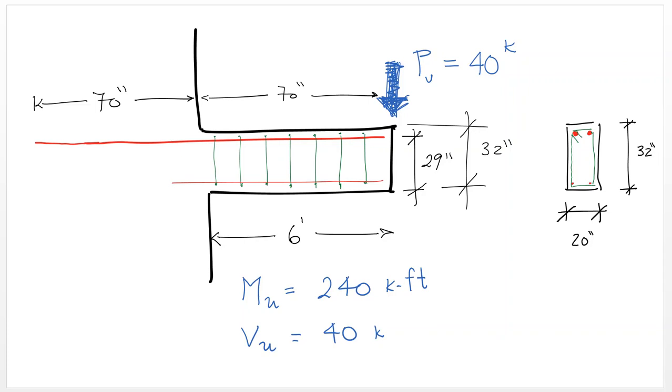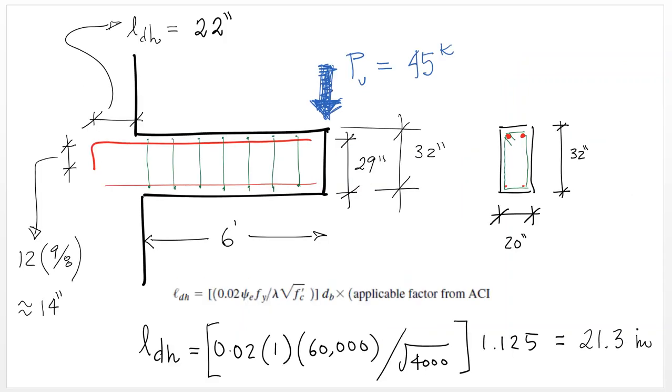Now suppose you don't have 70 inches inside of the wall, so you could use a hook. In this case we can use the development length for a hook as shown here. If we put in the various values for the various coefficients, we get a development length of 21.3 inches.